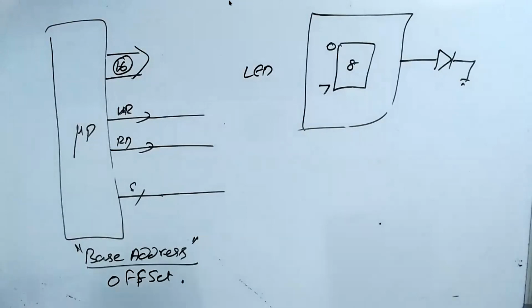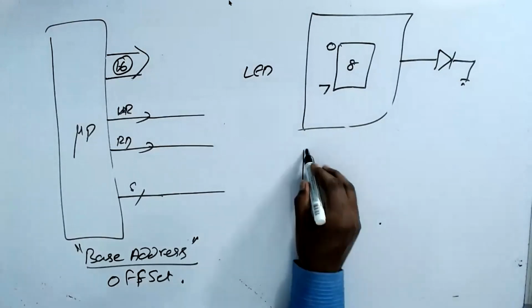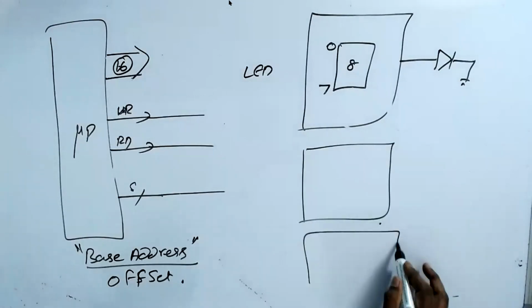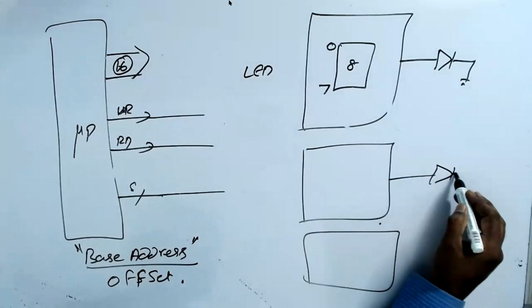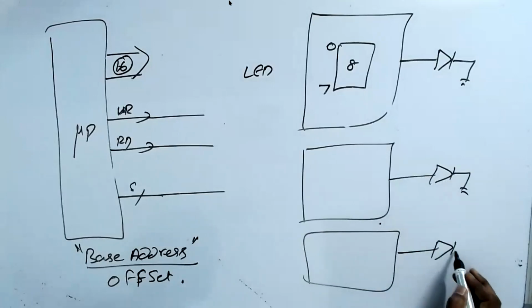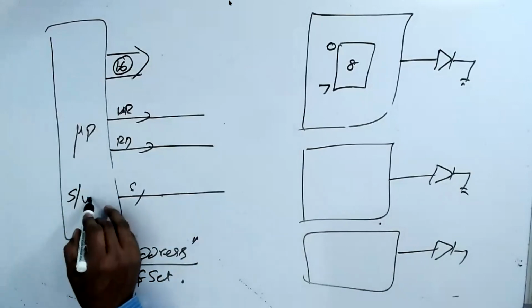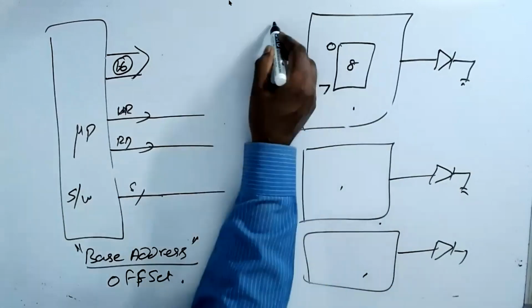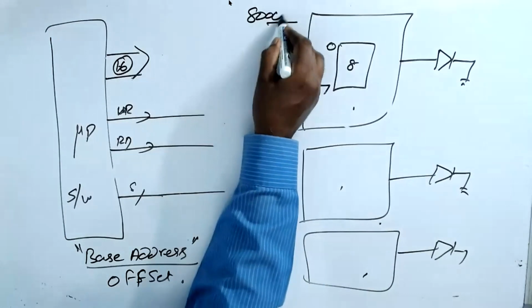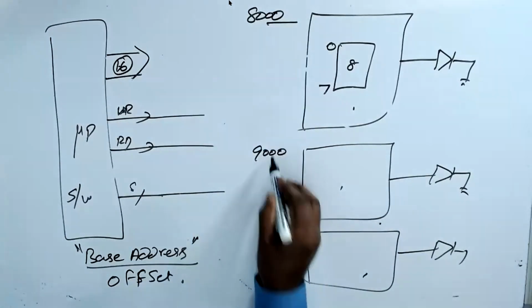If blue is blinking, it means a different error. Green blinking means another error. So the hardware person has put 3 controllers. But as a software person, how do I differentiate all the 3? It's by the base address: 8,000, 9,000, 7,000.